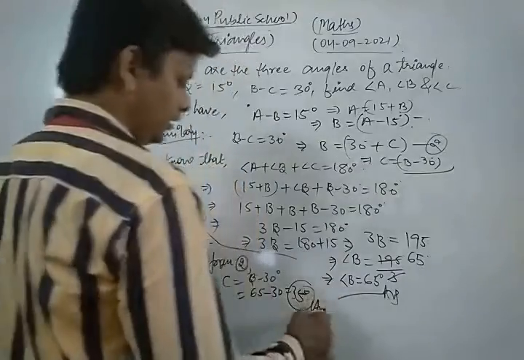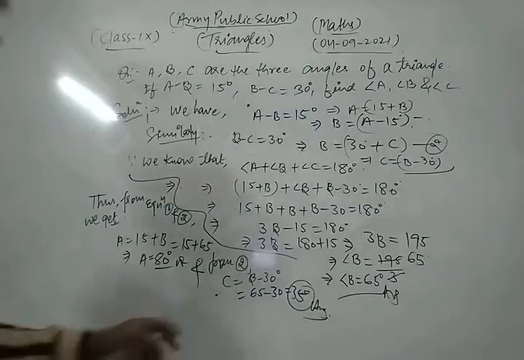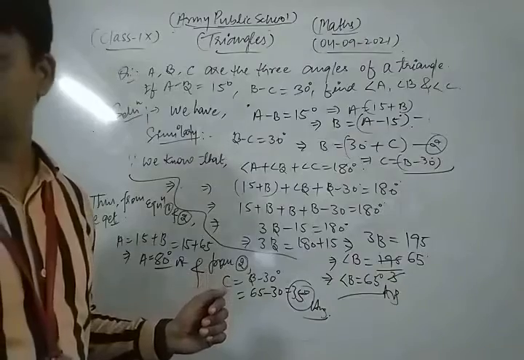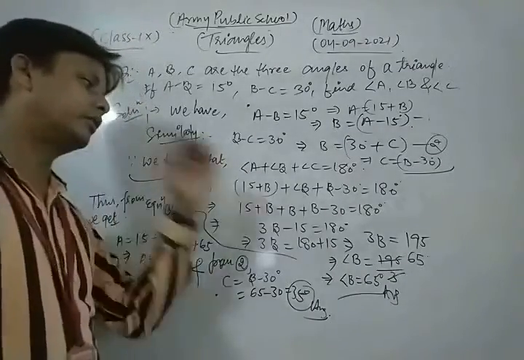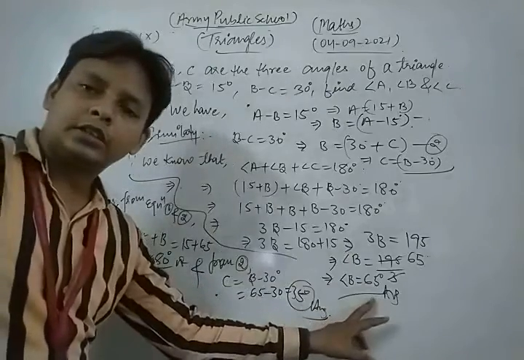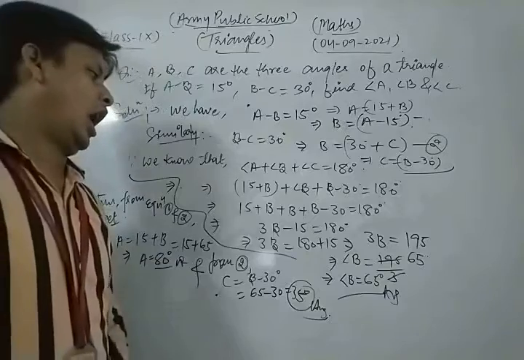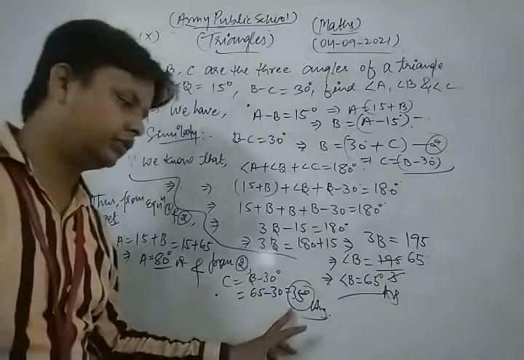So in this way, dear students, the value of angle A is 80 degree, the value of angle B is 65 degree, and the value of angle C is 35 degree.